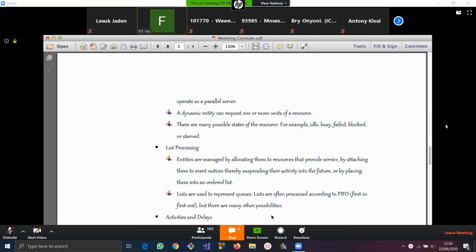There's the listing process. Entities are managed by allocating them to processes that provide service by attaching them to event notices. What that means is that when you want to come up with a system, you must almost determine how the processes are going to go.